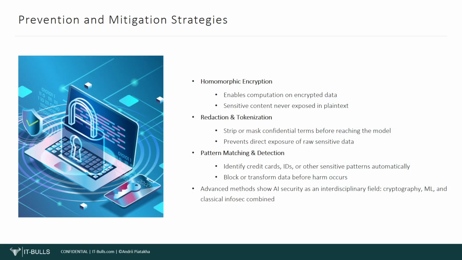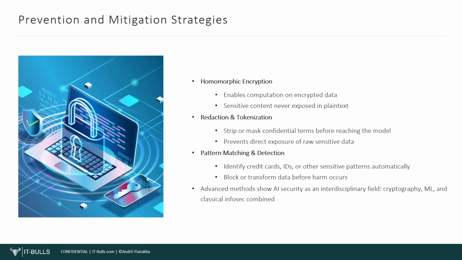And finally, there are advanced techniques that push the boundaries of what is possible in secure AI. Homomorphic encryption, for instance, allows computations to be performed on encrypted data, so sensitive content never needs to be exposed in plaintext. Redaction and tokenization techniques can strip or mask confidential terms before they ever reach the model.